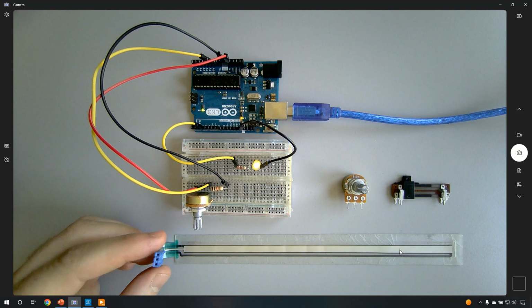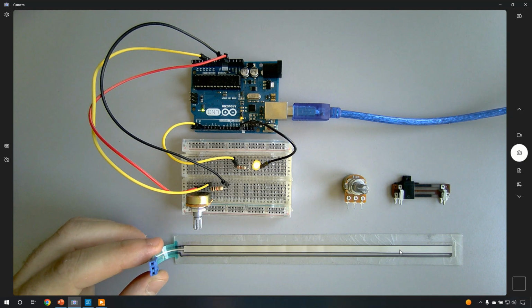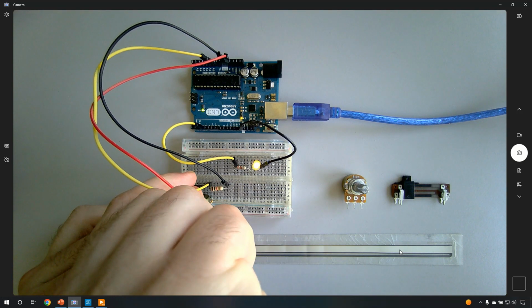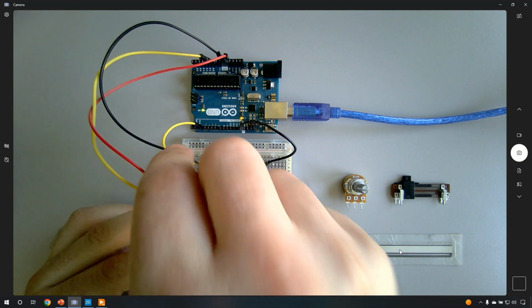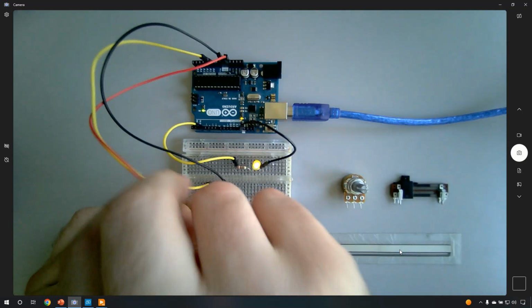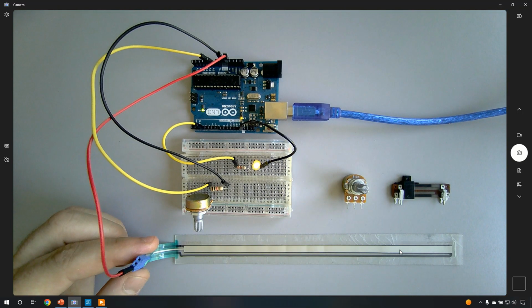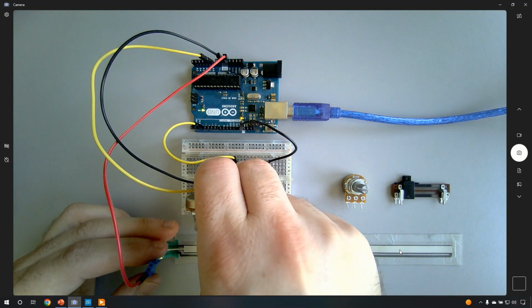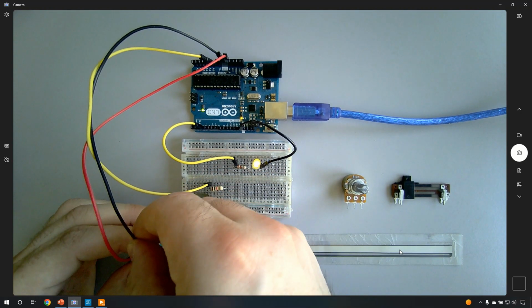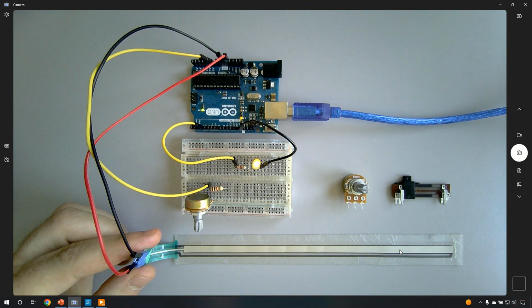So here we are going to use directly the potentiometer without a fixed value resistor. Here's what we are going to do. We are going to pick this 5 volts wire and connect it to one input terminal. Then I'm going to pick the ground wire and connect it to the opposite terminal.